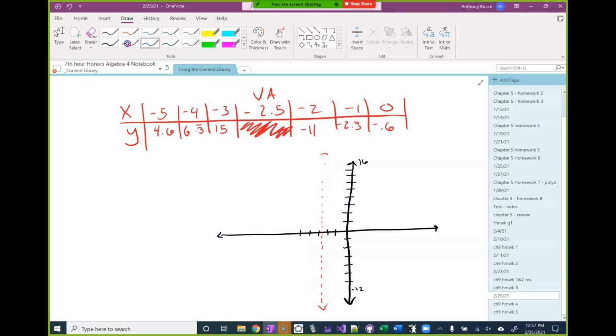All right. So we have -3 and 15, -4 and 6.3, and then, oh my goodness gracious, guys, look what I did. So dumb. How much was the y-axis going up by? 4 instead of 2. Gosh darn it, I'm dumb. You ever make a mistake happen to me?